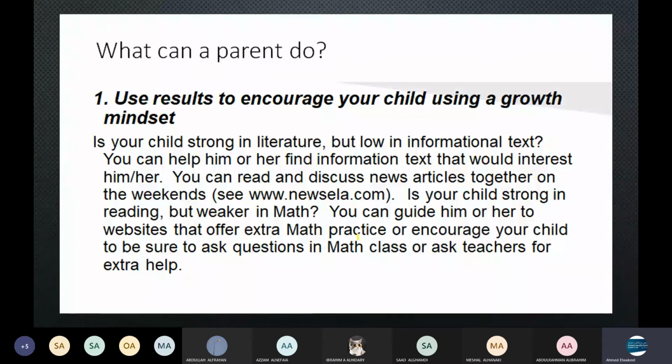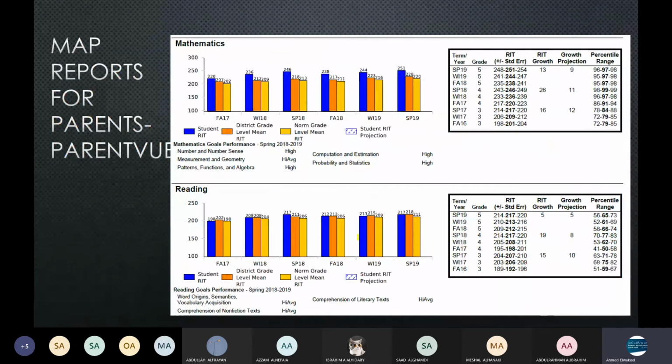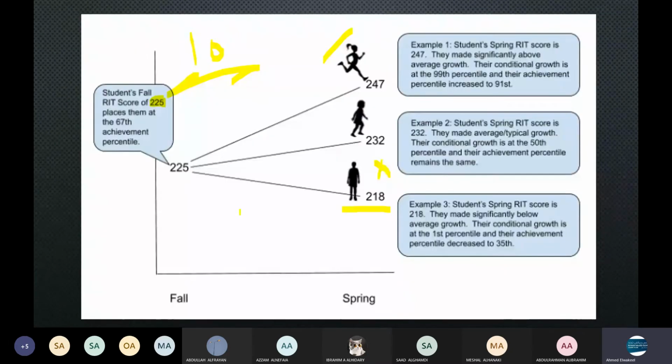So simply, guys, the whole idea behind the MAP test is this. Number one, if a student is below average, we find the areas of weakness and we start to advise him how to grow. If he is an average student, then we just need him to become above average, so we direct him in certain ways.